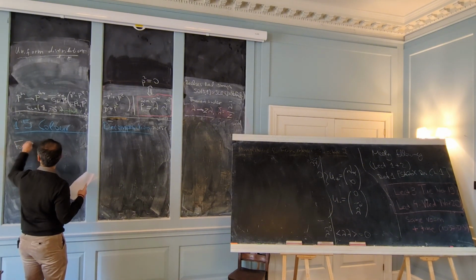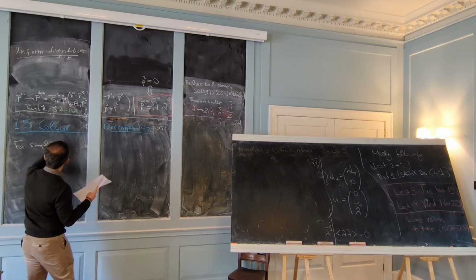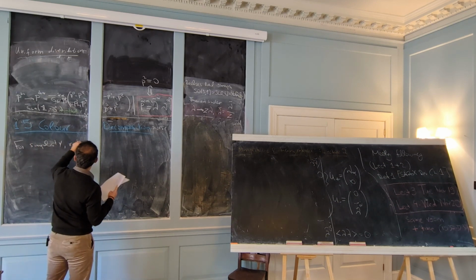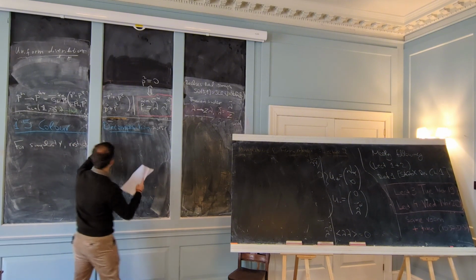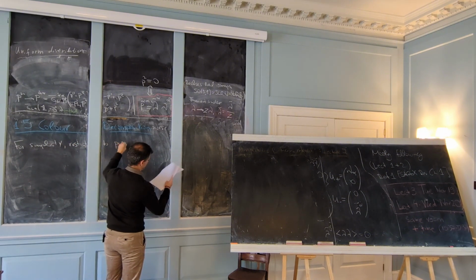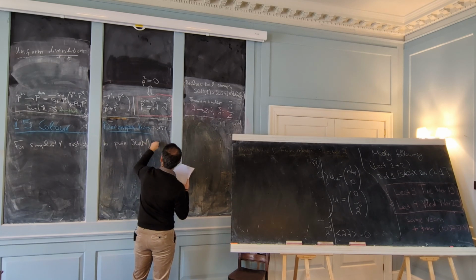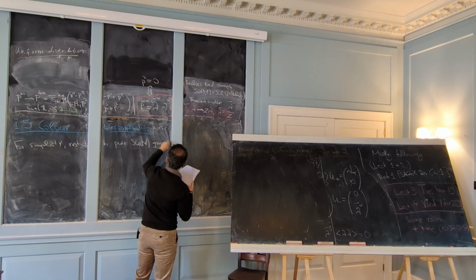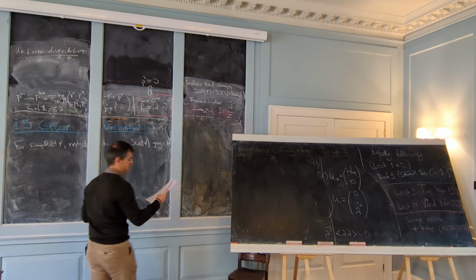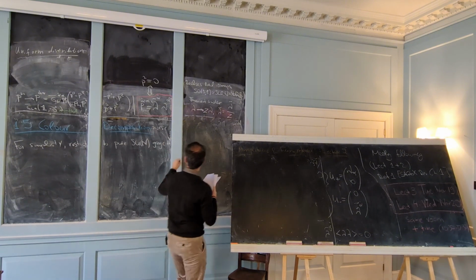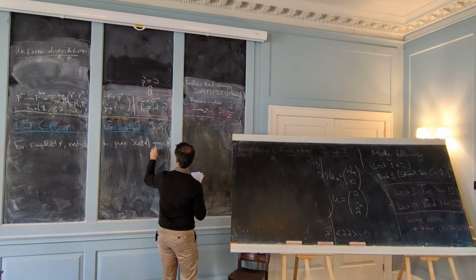And for simplicity, we will restrict to pure gauge theory, SU(N) gauge theory. So no fermions. So these are the gluons.